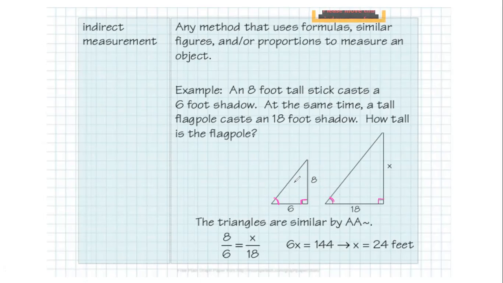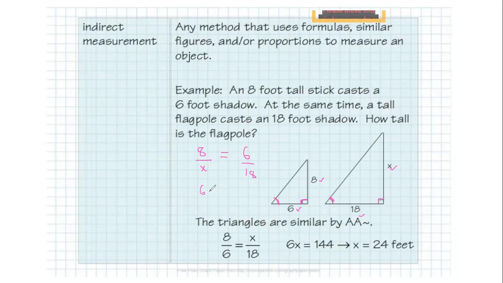So in this case, the ratio of this side to this one should be similar to the ratio of this side to this one for the two triangles. So for example, if I have these two triangles, it means that the ratio of 8 out of x should be equal to the ratio of 6 out of 18. Those two should be the same.